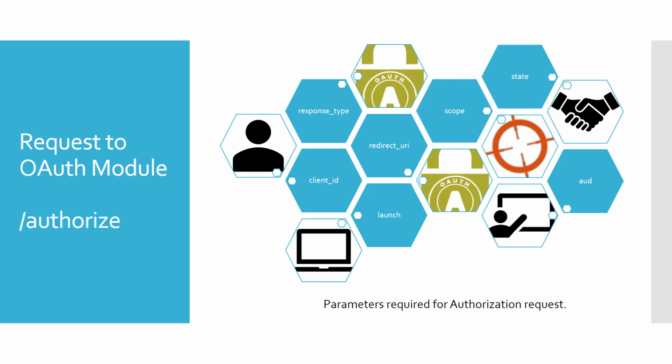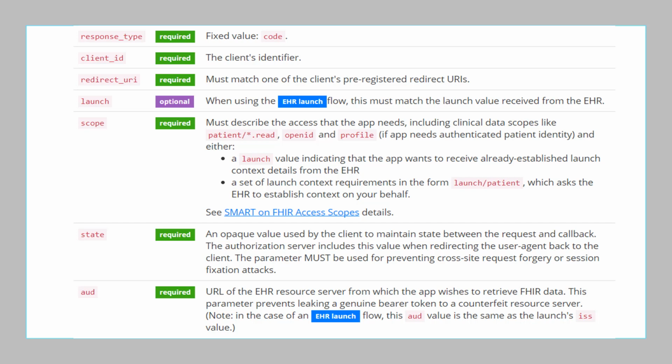The request to the OAuth module consists of broadly these parameters: the response type, the client ID, redirect URI, launch, scope, state, and AUD. The response type must be set to code. The client ID is the client's identifier. The redirect URI is the one specified in the OAuth client.